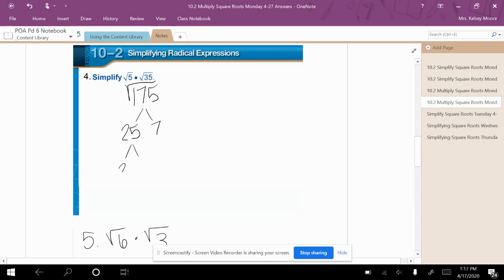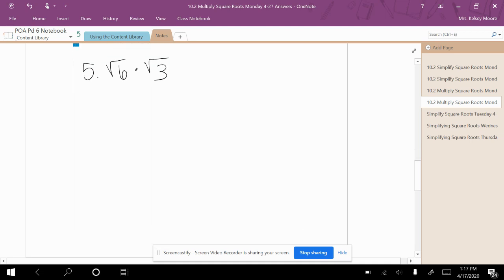Break the 25 apart and you get 5 and 5. And then you can't do anything with the 7. So I'm going to circle the 5s because those are my pair. And I got 5. I'm going to box the 7 in and rewrite the 7. So your answer should be 5 square root of 7.